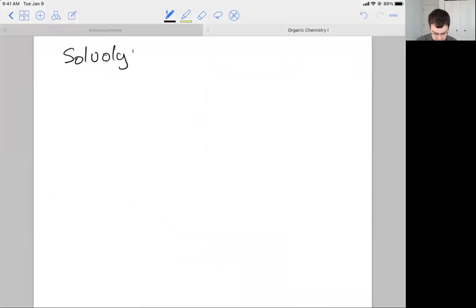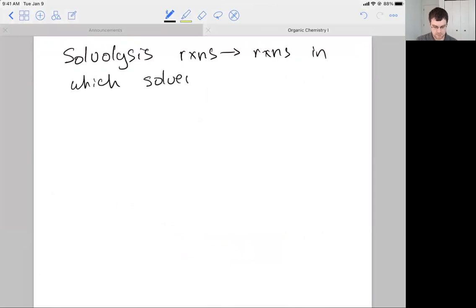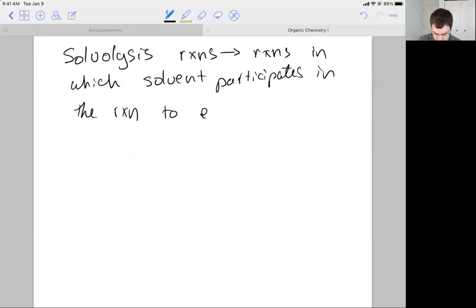So solvolysis reactions are reactions in which solvent participates in the reaction to ensure the reaction is efficient.